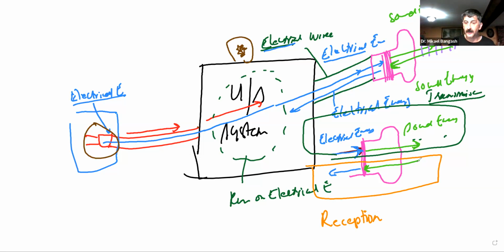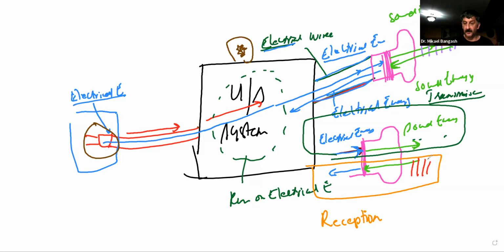The sound energy that reflects back from different tissue boundaries is going to be received. Now that is sound energy, but the wire between the system and the transducer is a plain electrical wire, so it is not able to conduct other forms of energy.